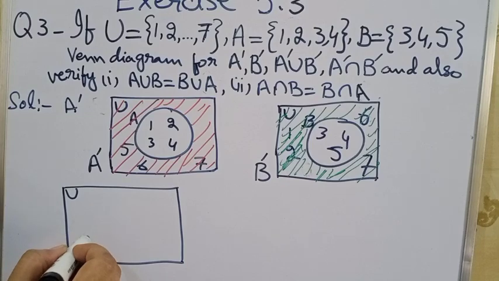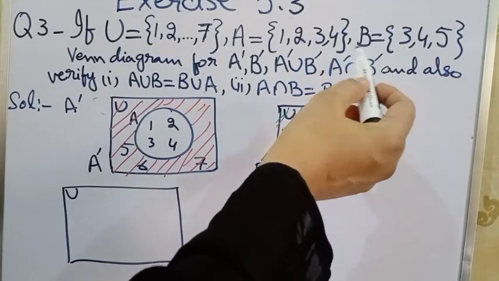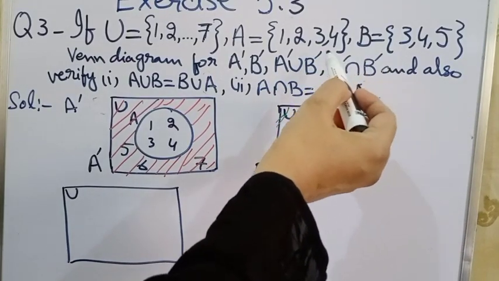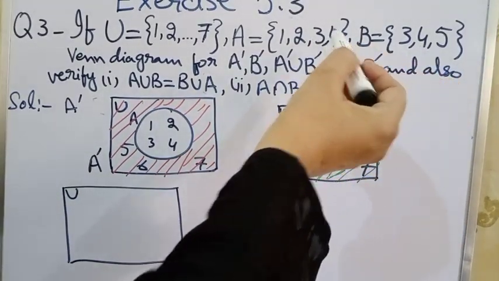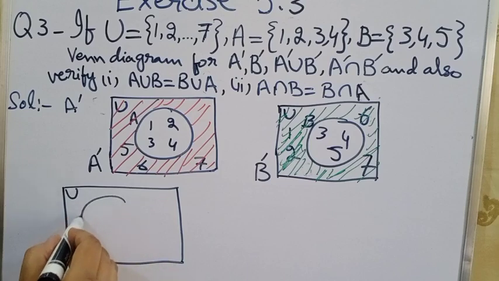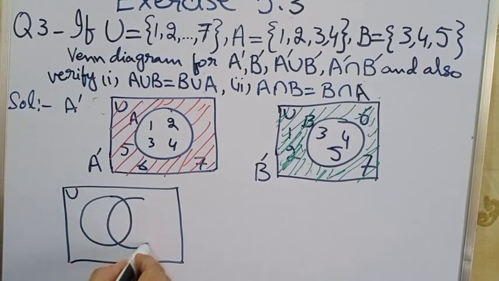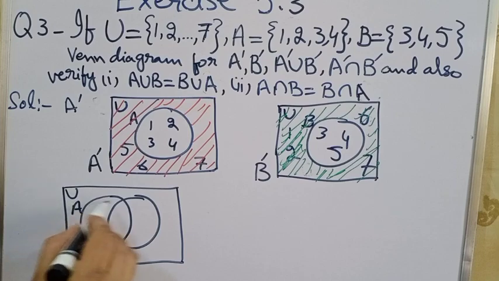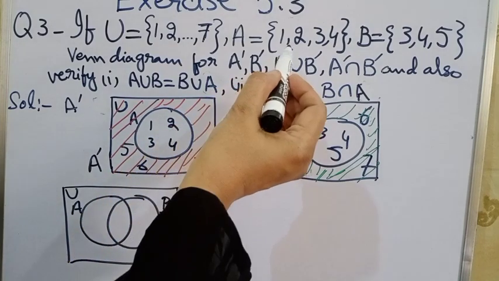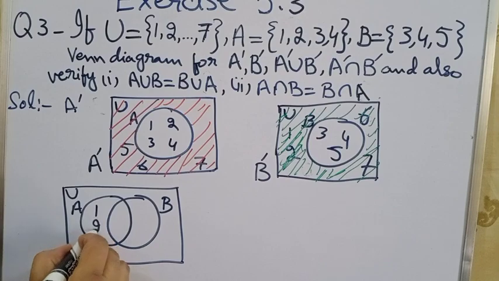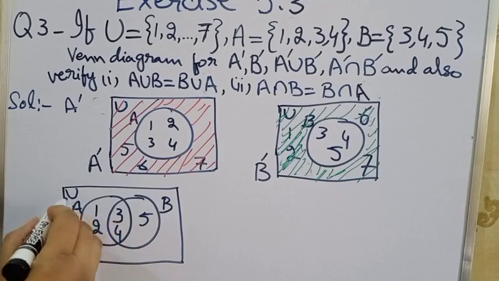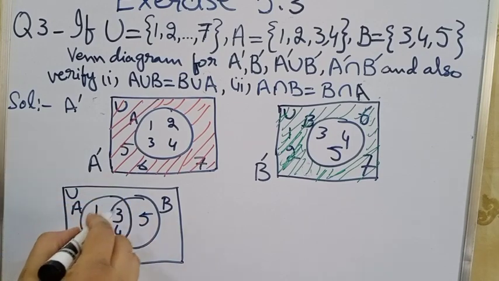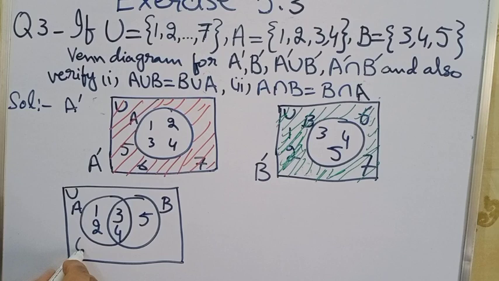For drawing this Venn diagram, first of all check the common elements of both sets A and B. You observe that 3, 4 are the common elements of both sets, so we draw set A and set B such that 1, 2 are in A only, 3, 4 are common, 5 is in B only, and the universal set has the elements other than A and B, which are only 6 and 7.